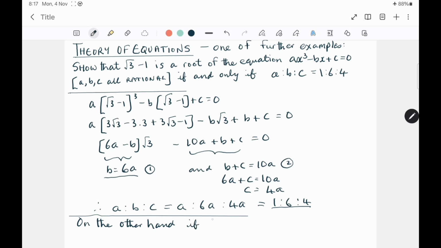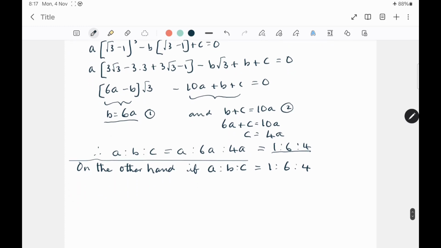If a to b to c equals 1 to 6 to 4, then our original equation becomes ax cubed minus 6ax plus 4a is 0.